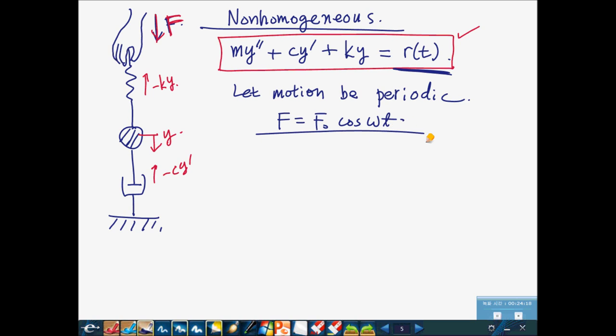Let's assume that we only have this f to be just cosine or sine function, so that we can make it easier to analysis. Okay, so m y double prime plus c y prime plus ky is f naught times cosine omega t. So omega is the period of the force that you're giving to the system.